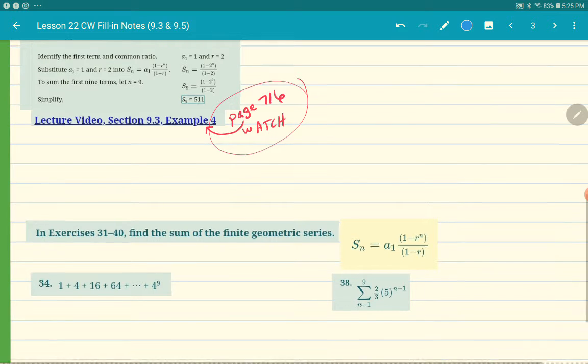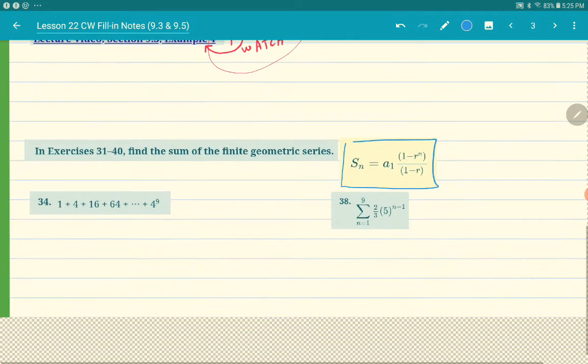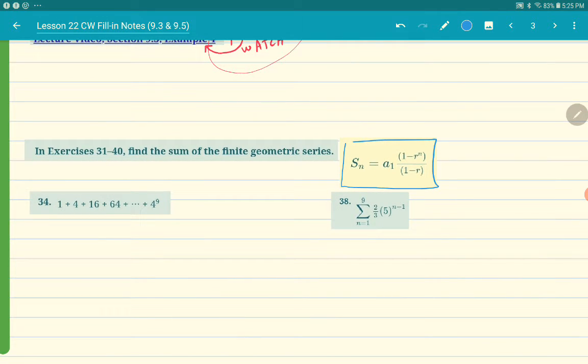So here's some examples. Again, we're using this formula and focusing on how to apply it to find the partial sum of a finite geometric series. I need A1, the ratio, and the number of terms in the series. Here A1 is that first term, so A1 equals 1.